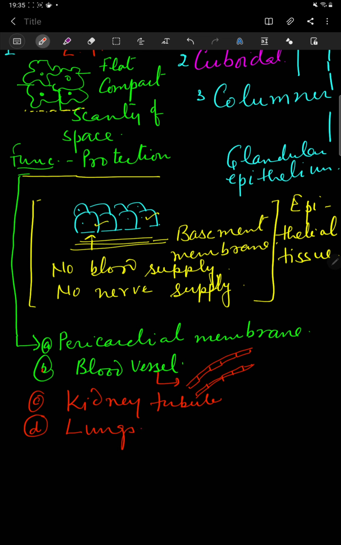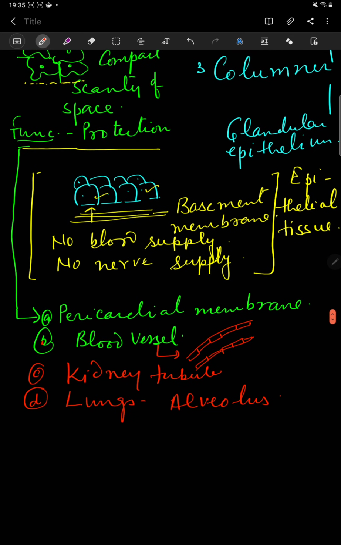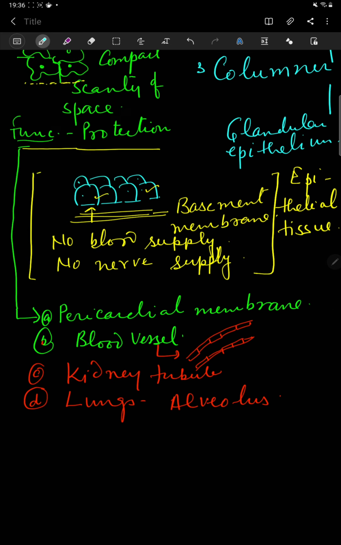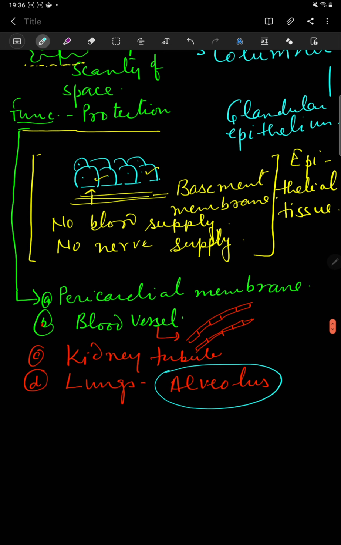In the lungs it is in the alveolus. When you study the structure of the lungs, the place where gaseous exchange occurs is termed the alveolus, and this alveolus is made up of one cell thick squamous epithelium. So I think that is more than enough for the squamous one.